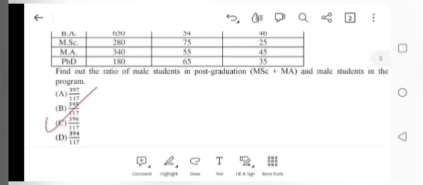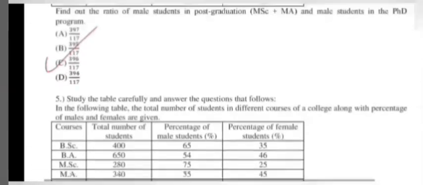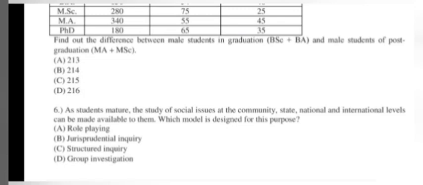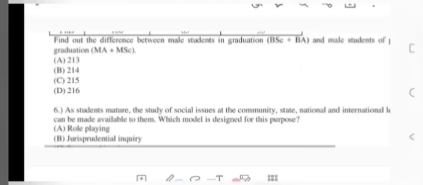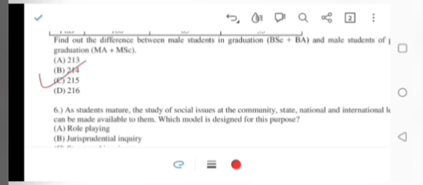That is number C. Next is, find out the difference between male students in graduation BSc plus BA and male students of post graduation MA plus MSc. 213, 214, 215, 216. So 215, that is number C, it will be correct.